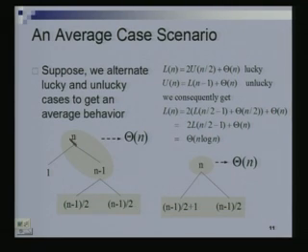How many operations did I take here to split? n. And how many operations did I take here to split? n minus 1. So in total I took 2n minus 1 operations, or comparisons, to split it into n minus 1 by 2, n minus 1 by 2 and 1.